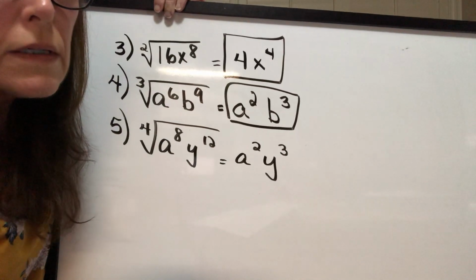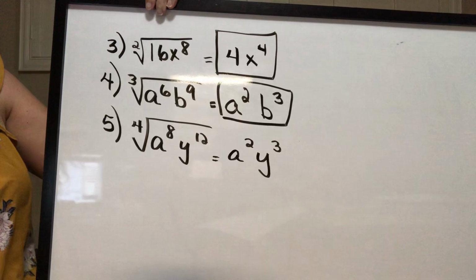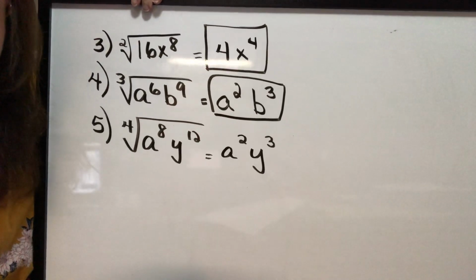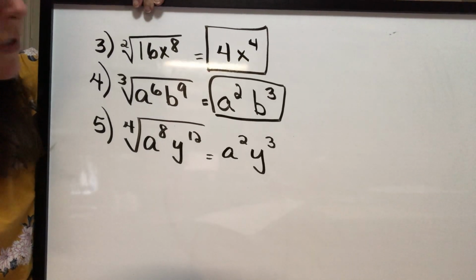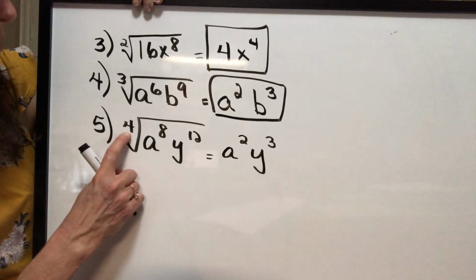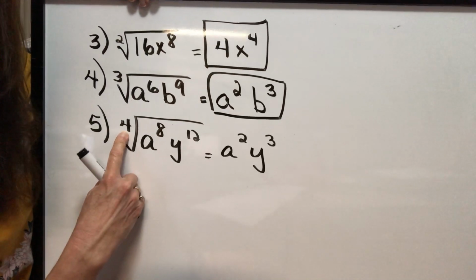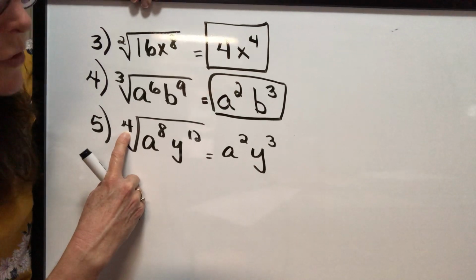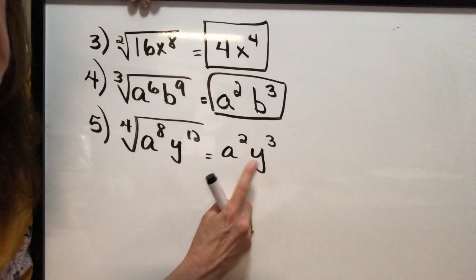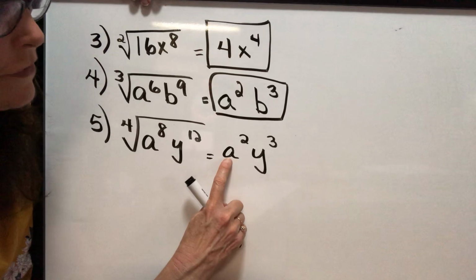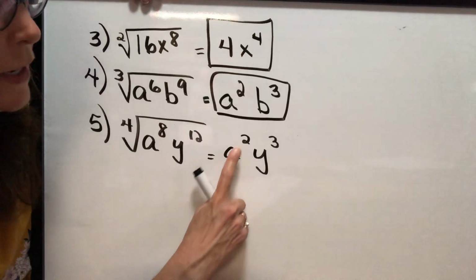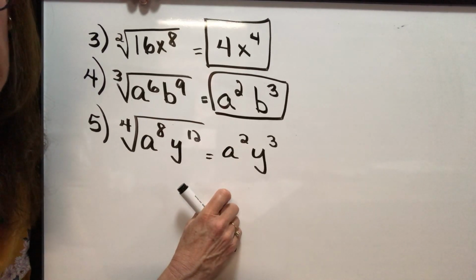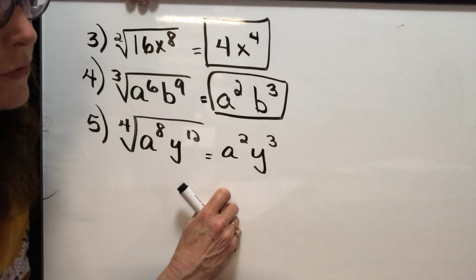Okay, does absolute value need to be shown here? Let's figure this out. Because this is an even root, that means you cannot have a negative number under the radical. So you need to test out negative numbers in your answer and see what happens. If this number is negative and you square it, the answer is going to be positive, so you don't need an absolute value there.